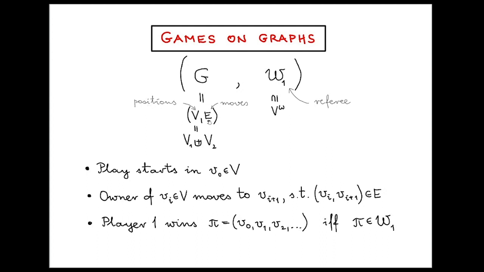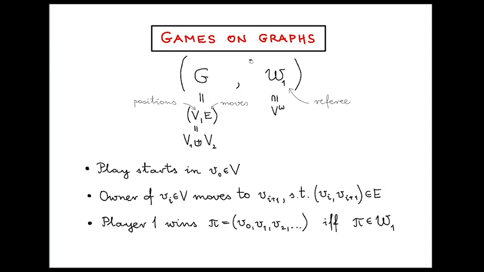The edges in our graph will often be referred to as moves, and we have a partition of the set of vertices into those that are owned by player 1 and those that are owned by player 2. That's one part of the specification of the game, which describes the arena, so to say, on which the game is played, and what the rules of movement are in the game.